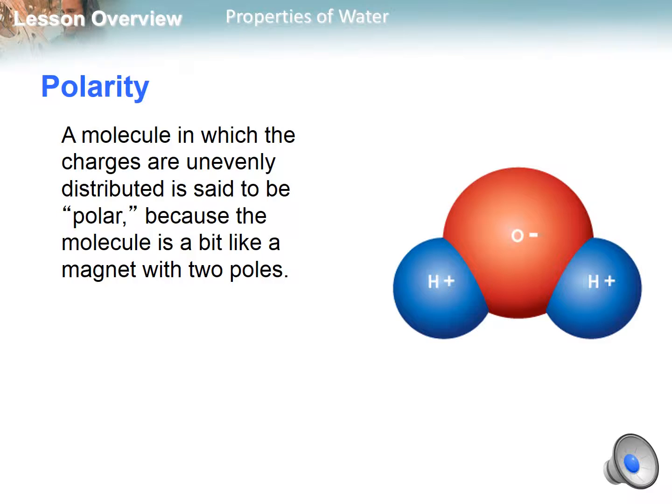When you're looking at a molecule that has uneven charges, it's said to be polar. So it has a slightly negative end, and it has a slightly positive end. Now, if the charges are evenly distributed, the molecule is said to be nonpolar.